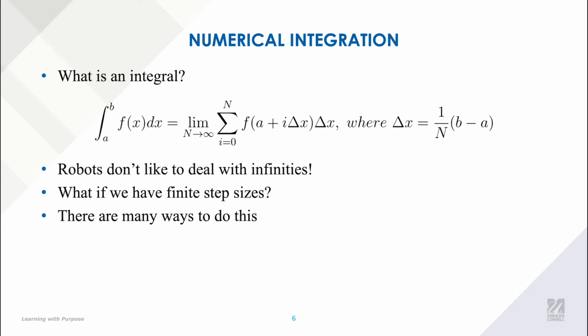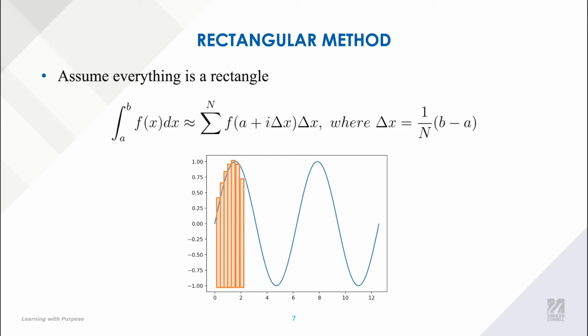The question is then, what if we have finite step sizes? So a finite number of steps, so a finite space between the steps, and the answer is that there are really many different ways to do this. The first and by far simplest method is to just assume that everything that you see is a rectangle. So you're looking at the area under this curve, which is really what we're getting at with integrals, and let's just assume that every single part of this is a rectangle.